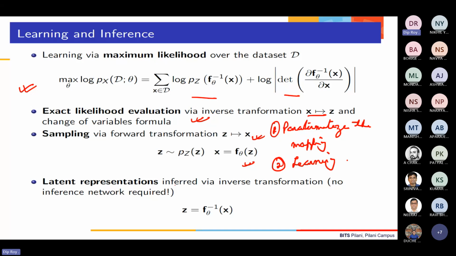So what it is trying to say is that if you learn f theta, you can easily infer f inverse theta, or vice versa. So you can choose what you want to learn, but if you learn one, you don't need to learn the other. So no separate encoder is needed like in a VAE, only the mapping needs to be inverted.